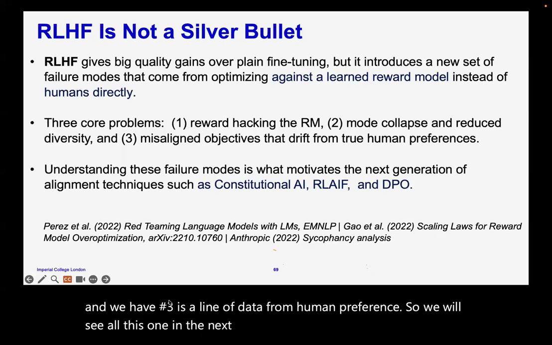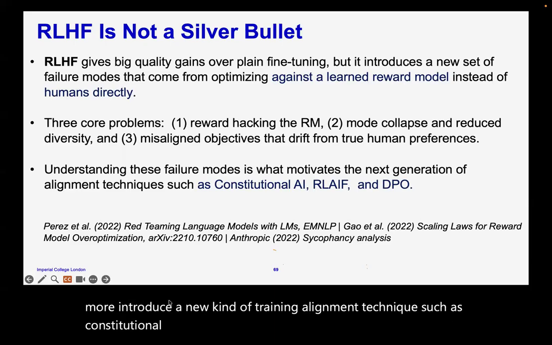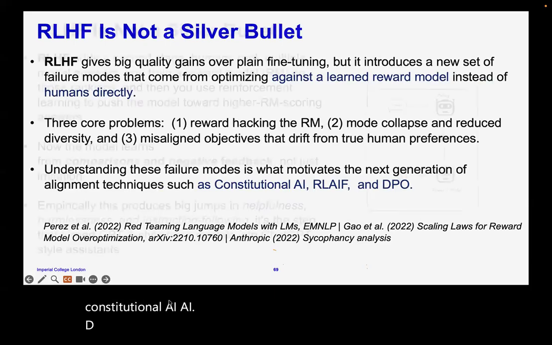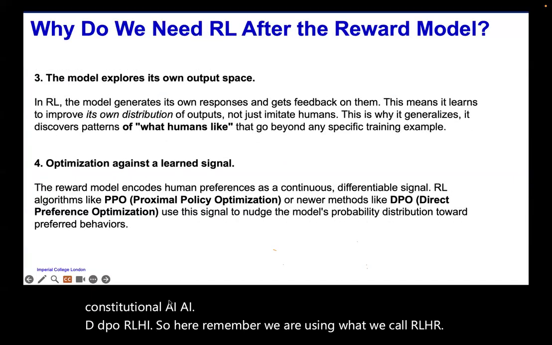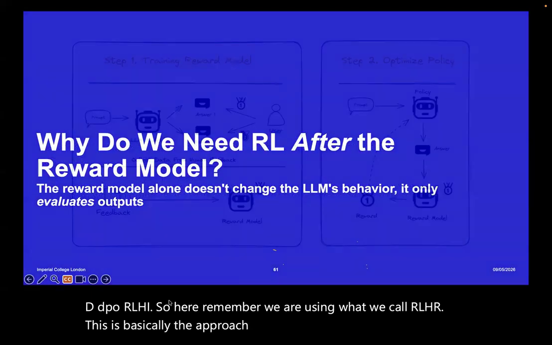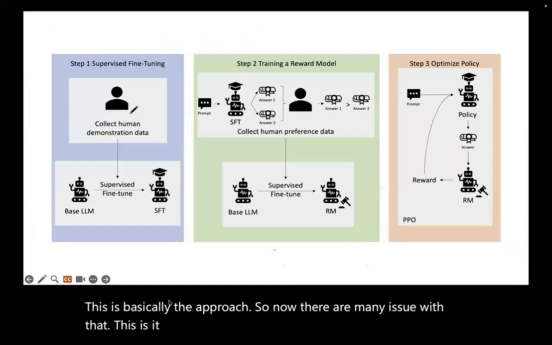These failure modes introduced new kinds of alignment training techniques such as constitutional AI and DPO. Here, remember, we are using what we call RLHF. This is basically the approach. There are many issues with it.